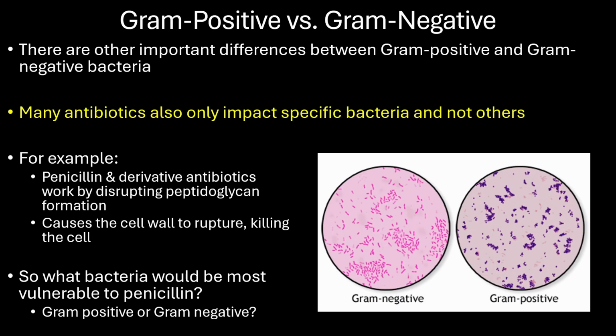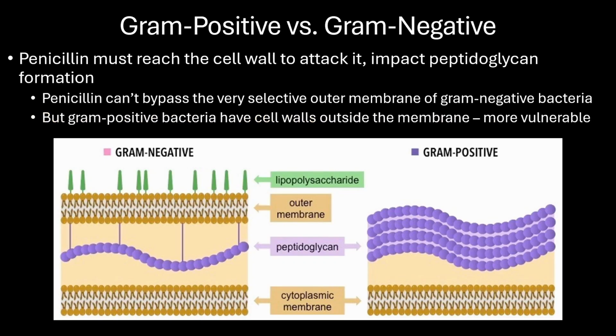Now, some species are more vulnerable to these types of antibiotics than others. Gram-positives are a particularly vulnerable group of organisms for these cell wall targeting antibiotics. And that's because the cell wall faces the outside world. It is the outermost structure for these types of cells.